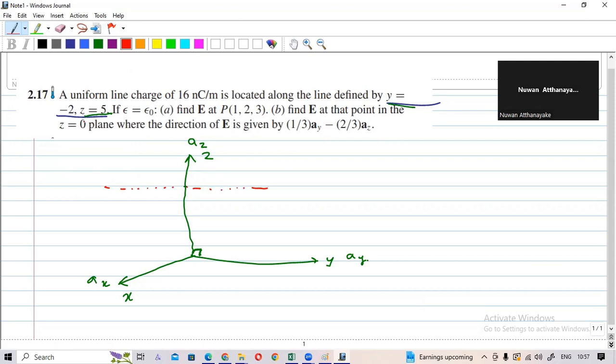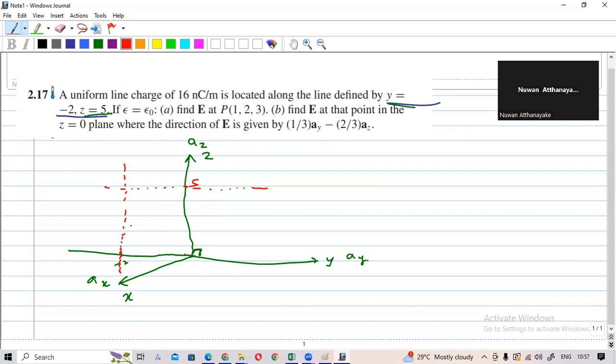Another function is z equal to 5. So z equal to 5 is this one, and y equal to -2 means this is the minus y direction, maybe here. So this is another line. These are two lines.